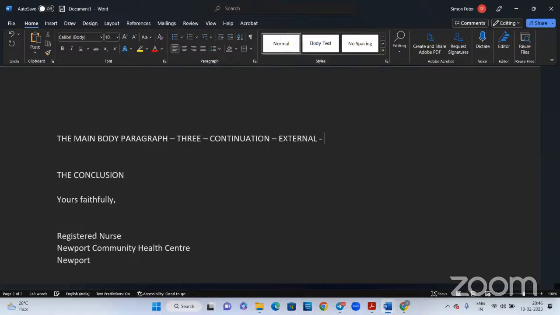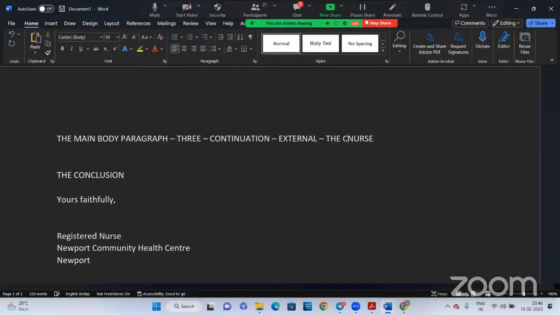External, this is related to the community nurse. This is the problem of the community nurse. It is her responsibility, because I cannot do anything. The patient also cannot do anything. So it is your responsibility.